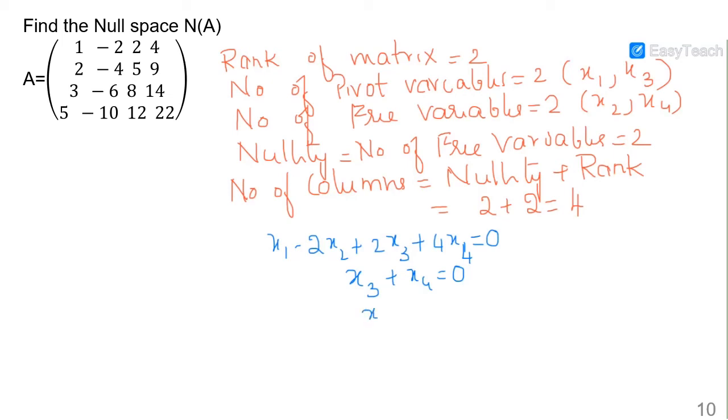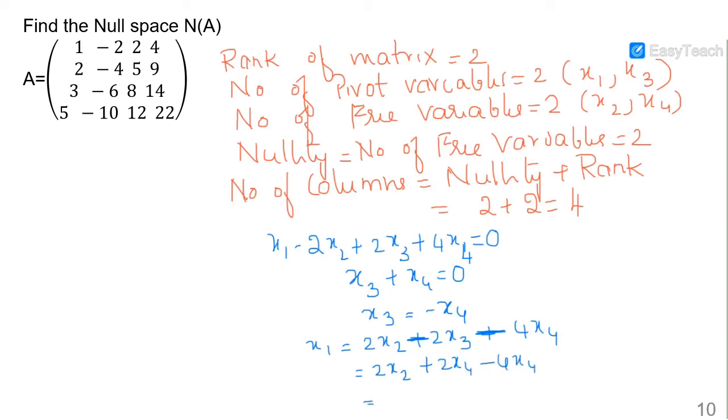So x3 is equal to minus x4 and x1 is equal to 2x2 minus 2x3 minus 4x4. So I get this as 2x2 plus 2x4 minus 4x4. So this gives me 2x2 minus 2x4.